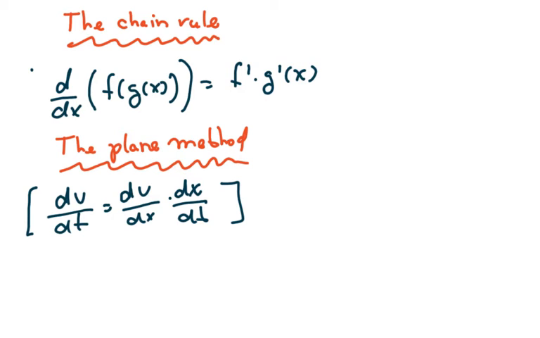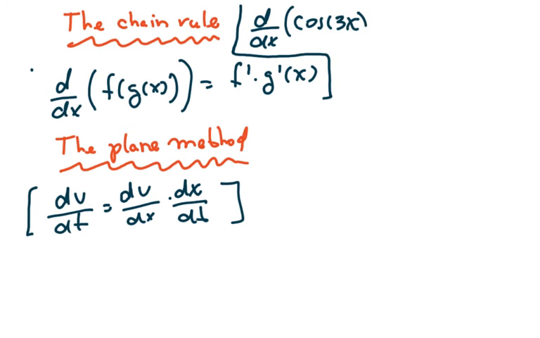Maybe this notation can be a little confusing, so I can add a really short example. Let's say we want to take the derivative with respect to x of cos of 3x.